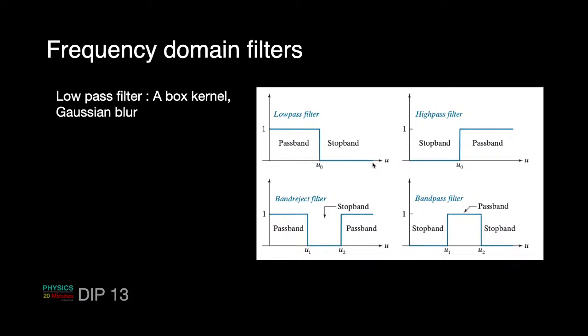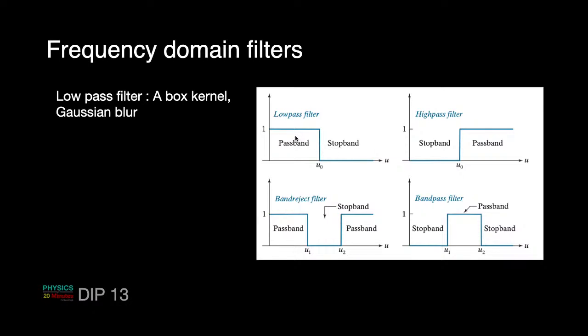So 0 multiplied to a frequency component will make all the values 0. So whatever cutoff you choose, all the image components lower than that cutoff will be allowed to pass through. They will not be altered, while anything above that cutoff will be blocked.